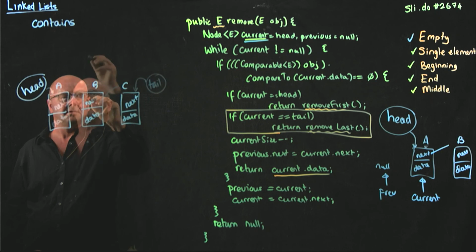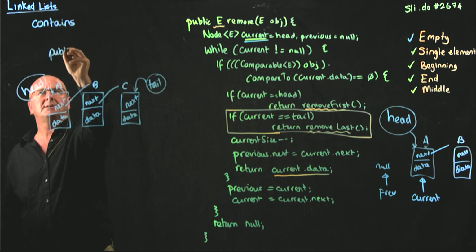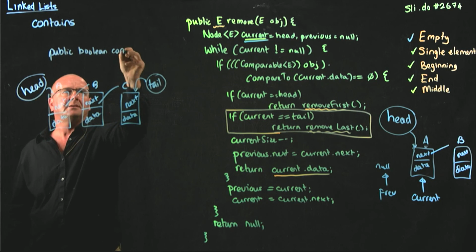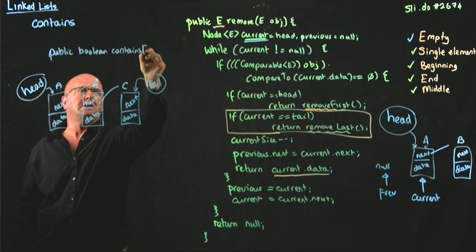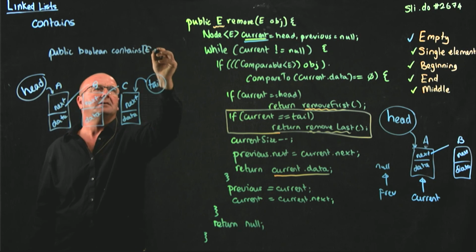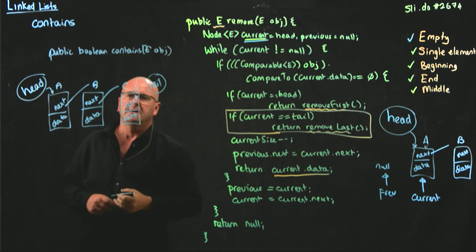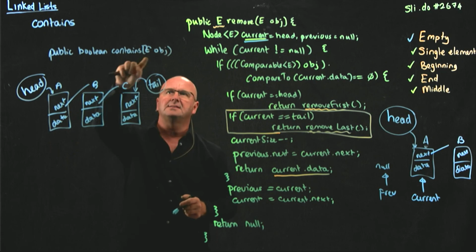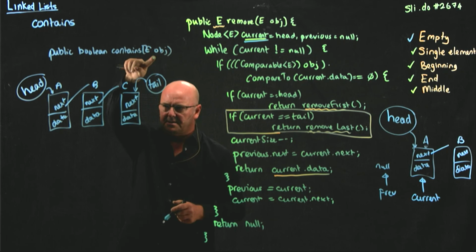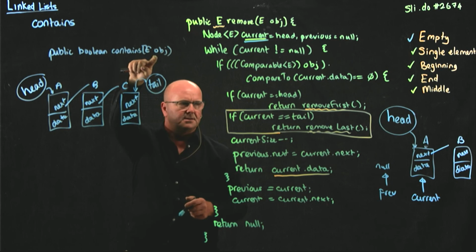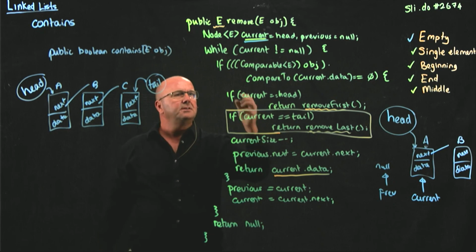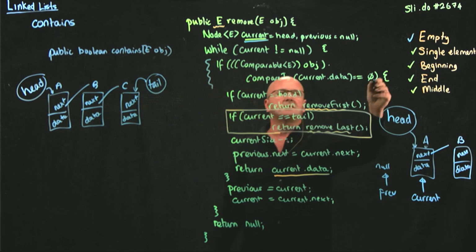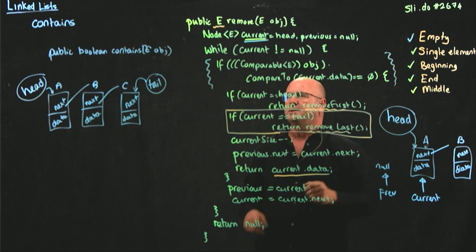My signature for contains is public boolean contains(E object). So how am I going to know if my list contains the thing that I've been given to check? I'm just going to use my compareTo method right here. I'm going to use the same compareTo method.